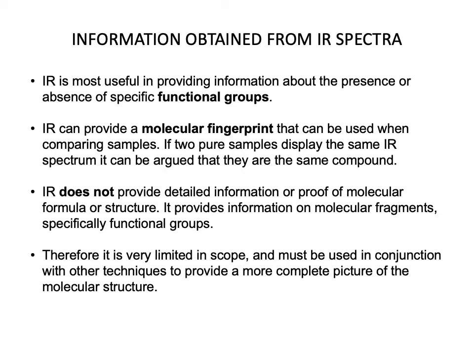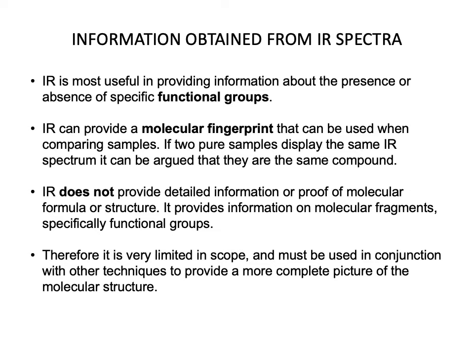IR is most useful in providing information about the presence or absence of a specific functional group. That's the best performance that you can expect from IR spectroscopy. IR can show you the molecular fingerprint in the range of 600 to 1400 wavenumbers.